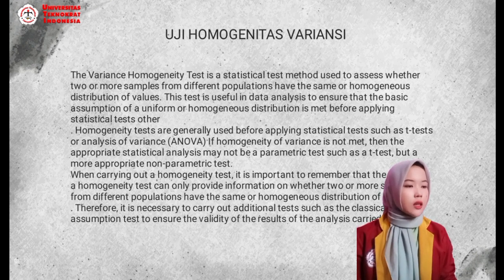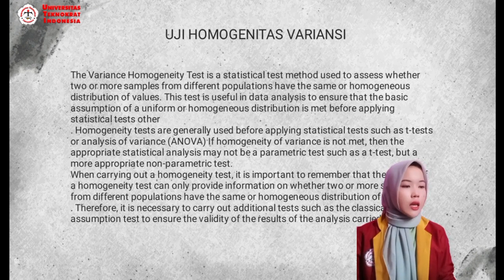Homogeneity tests are generally used before applying statistical tests such as the t-test or analysis of variance, ANOVA. If homogeneity of variance is not met, then the analysis might use not a parametric test but a more accurate non-parametric test.